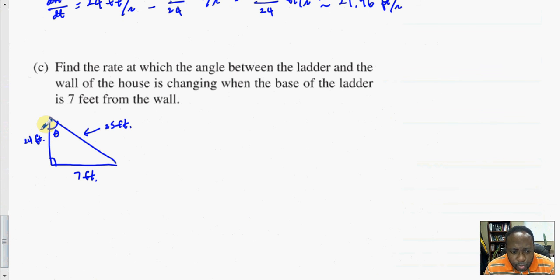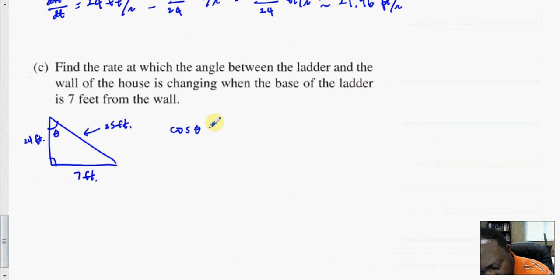Now, to use the angle and at what rate this angle is changing, you can either look at the tangent theta of this or the cosine. Anything that's going to relate the change in this side over here with respect to theta. We could not use the sine because the sine would be the opposite over the hypotenuse, and that would not pertain to the rate of change as this ladder is being lowered or raised. So I think easier is to use cosine.